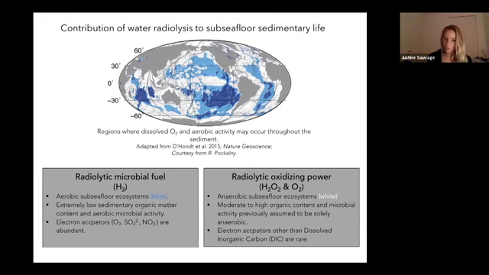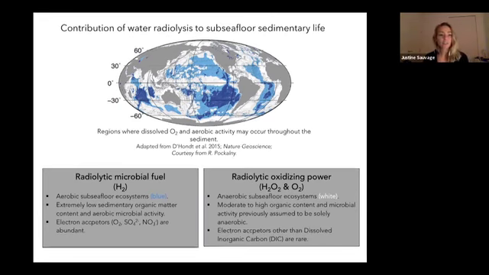So in those blue zones, the oxic sediments, those are the zones where radiolytic hydrogen will be extremely relevant, because those sedimentary environments are really limited by organic matter, by photosynthetically produced fuel for the microbes. While in all the white zones on this map, the anoxic sediments, those sediments are really rich in organic matter.